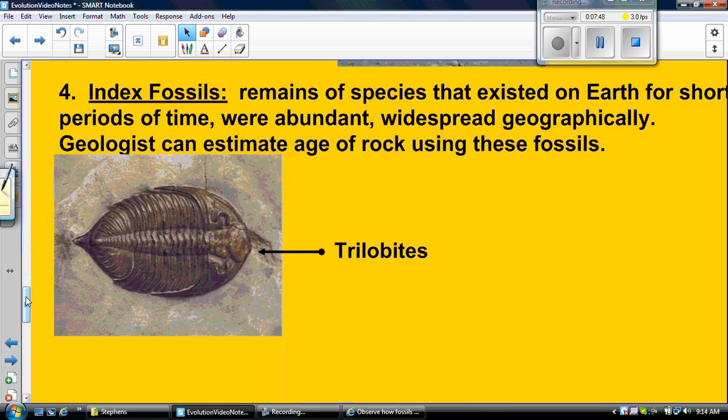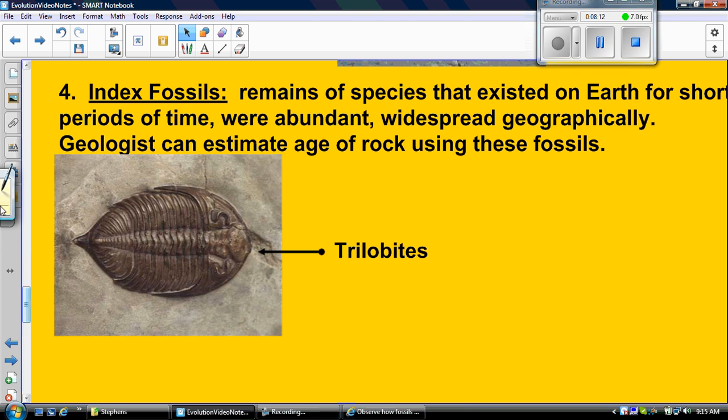Index fossils, I mentioned with the trilobites. These are remains of species that existed on Earth for short periods of time. There were a lot of them, and they were widespread geographically, so they were all over Earth. So remember, in the Paleozoic era where the trilobites were, it was mostly ocean during that time frame. So the trilobites lived in oceans. They were all over the oceans. So we find fossils of trilobites all over.